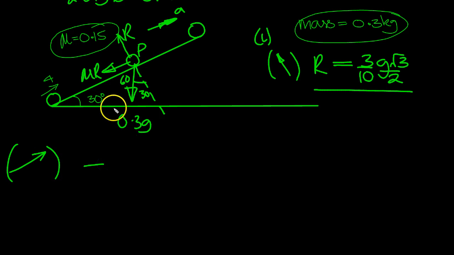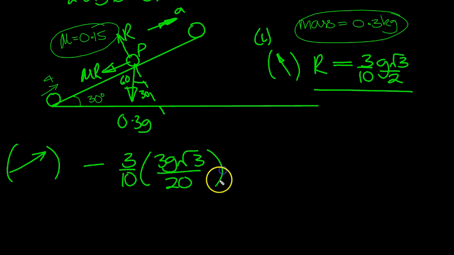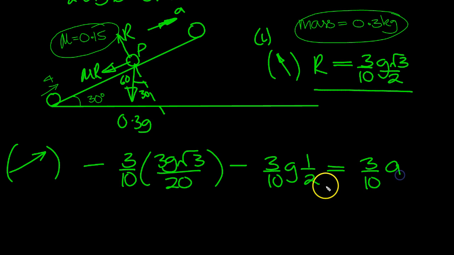R. 0.15 is mu, which is 3/10. Minus mu times R, 3g root 3 over 20. That's minus mu R. Minus this force here, which is 0.3 g, 3/10 g again, cos 60, which is a half, is equal to, these are the forces, mass 0.3 or 3/10 times the acceleration.